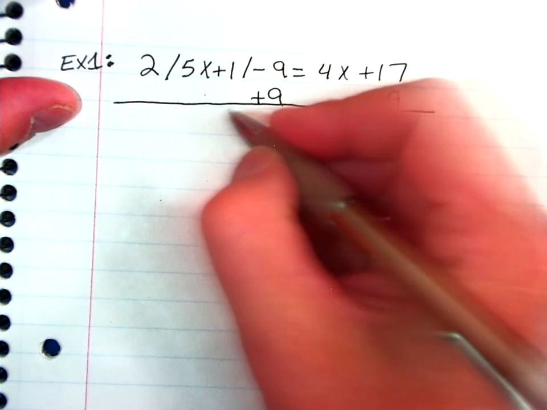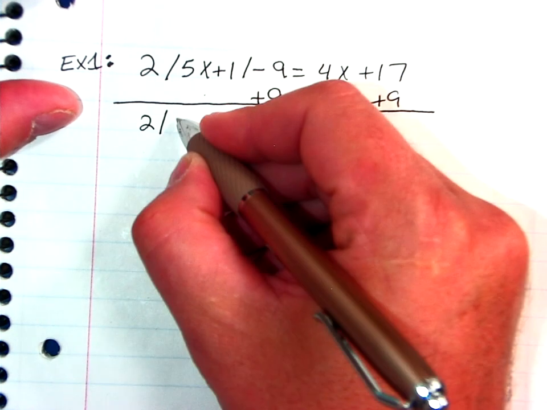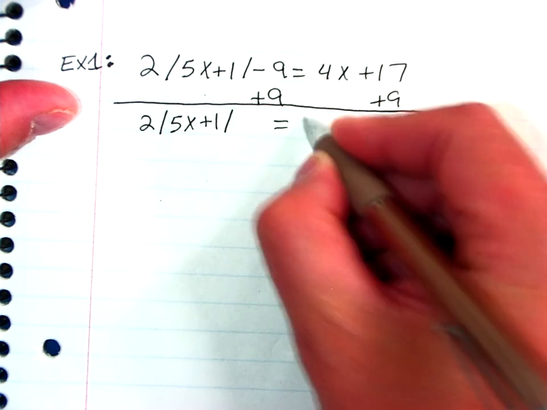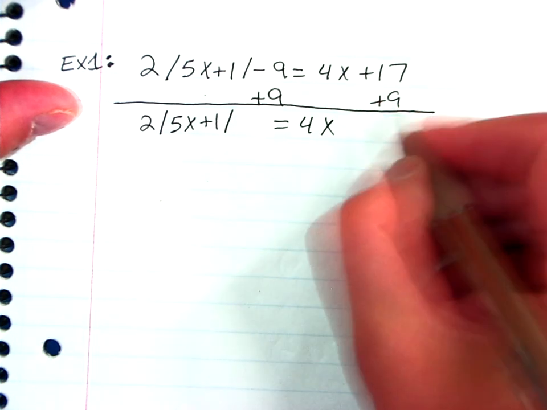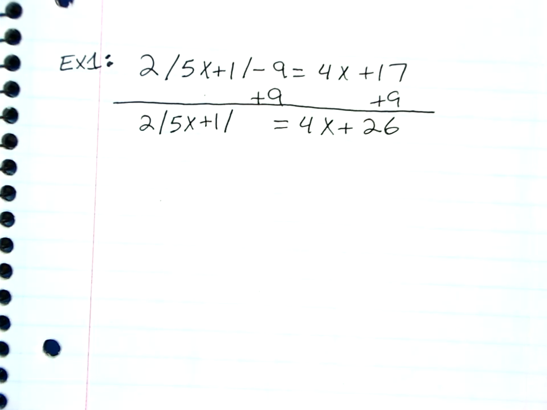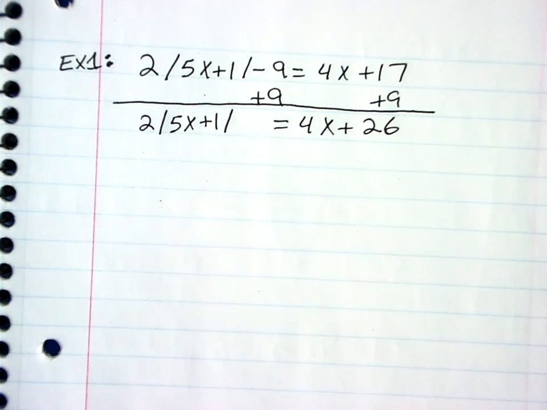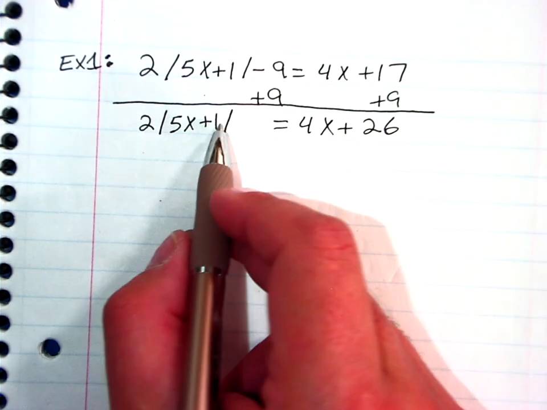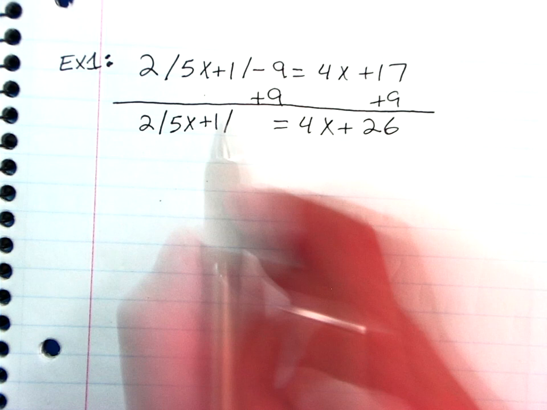So now we have 2 times the absolute value of 5x plus 1 equals 4x plus 26, since 17 plus 9 is 26. The 2 is multiplying, so to get rid of it, we divide.